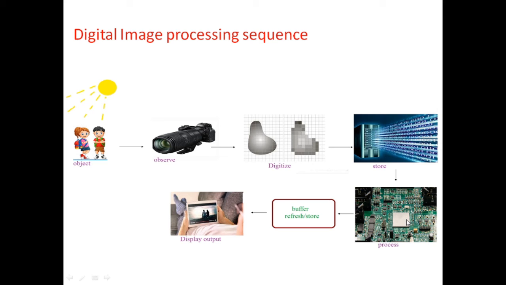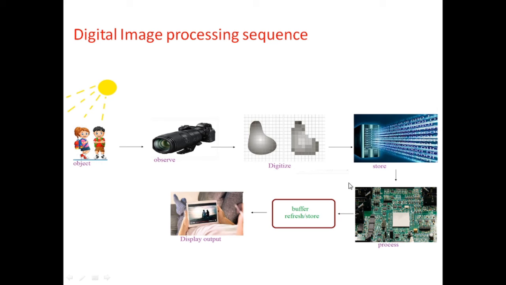The processed output can be streamed live, or stored, or buffered directly to the cloud, or streamed live and transmitted to our electronic gadget, by which we can see it on the display screens.